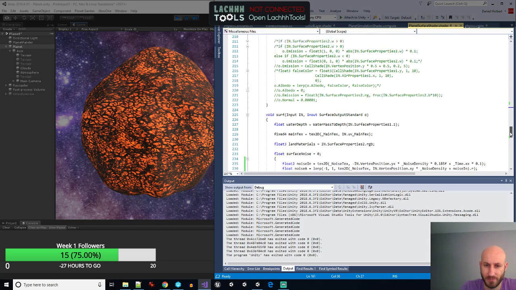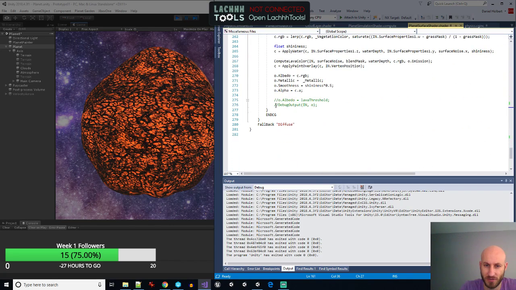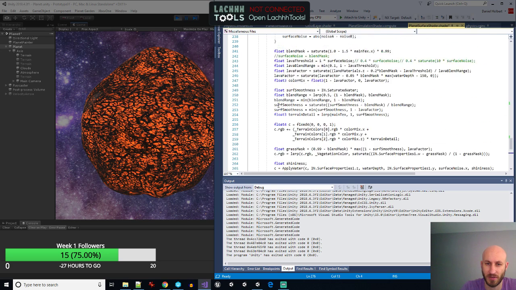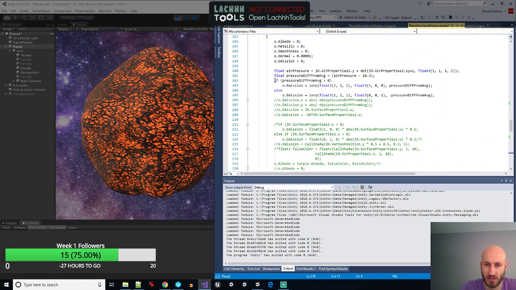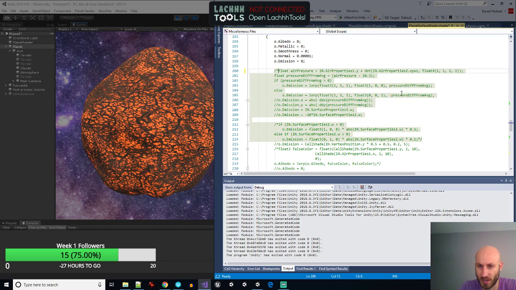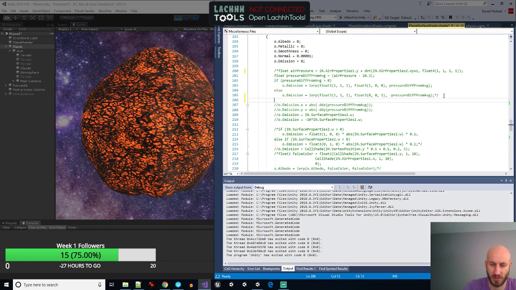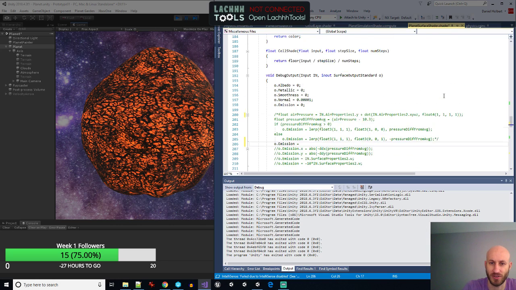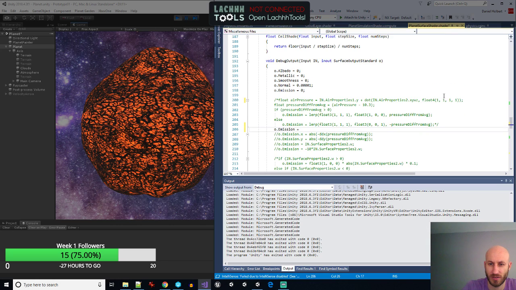So first I'm going to do some debug output, which is not going to be what it was before, and I want to have light coming out of the camera towards my eyeballs. That equals the temperature, which is in dot, and I'm going to go first with the surface temperature.